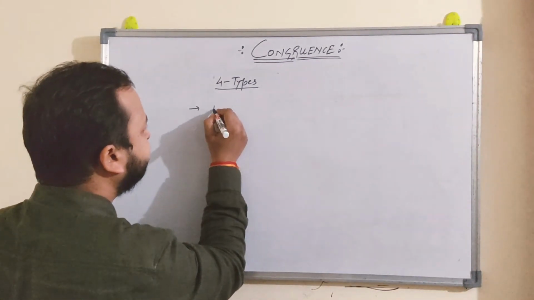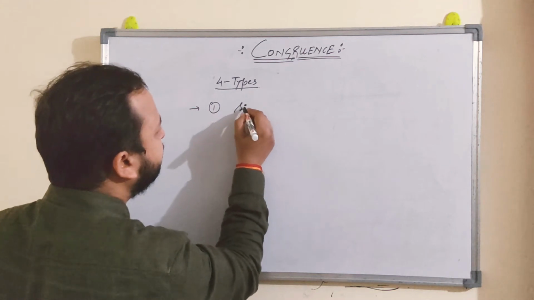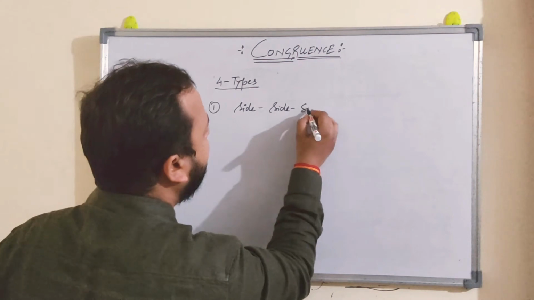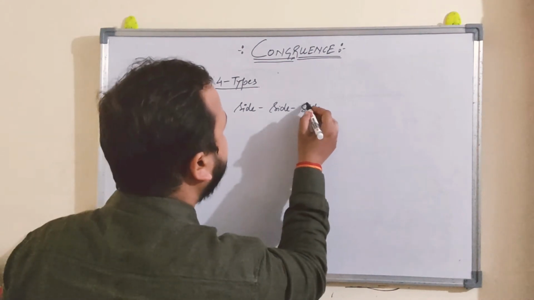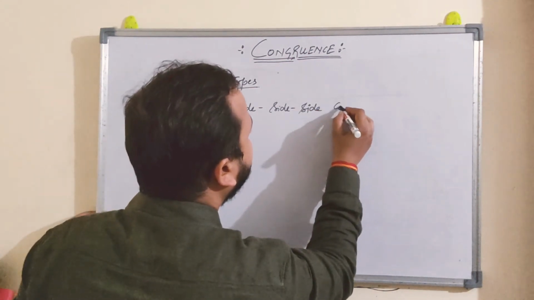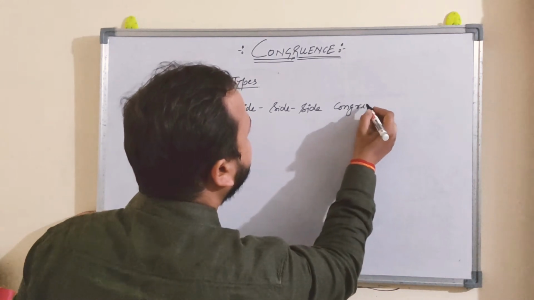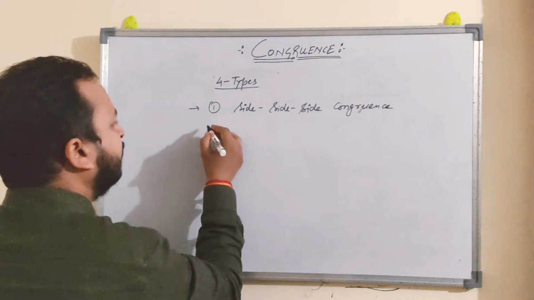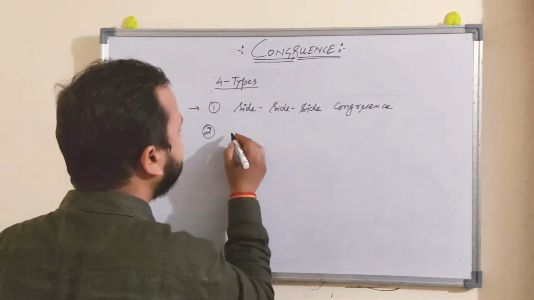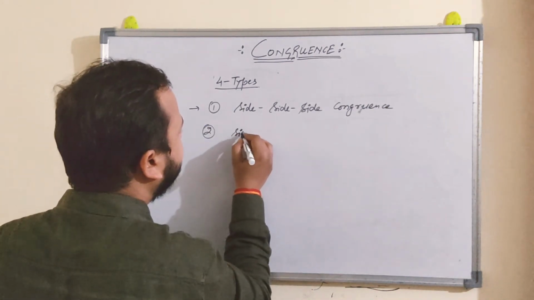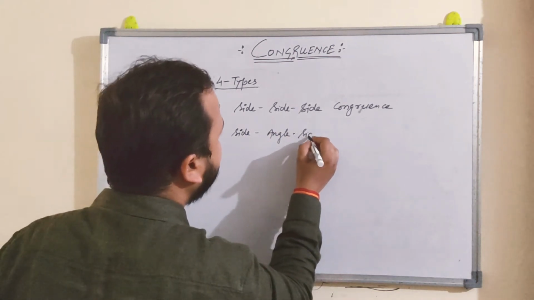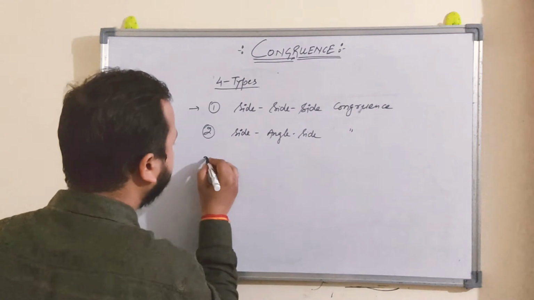First is side side side congruency. Second one is side angle side congruency.